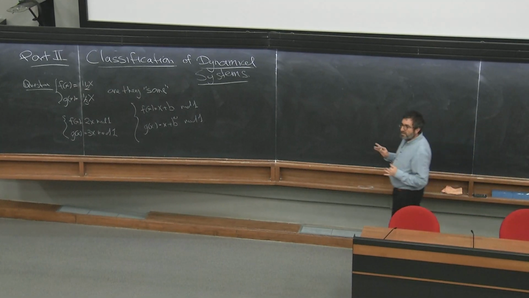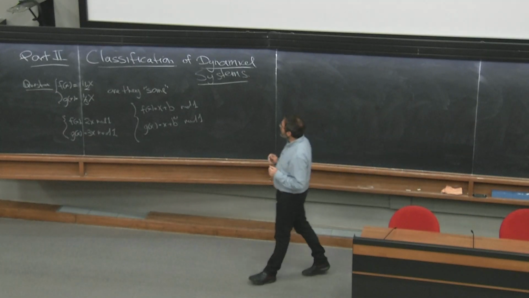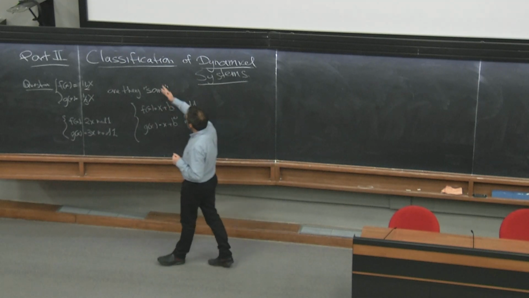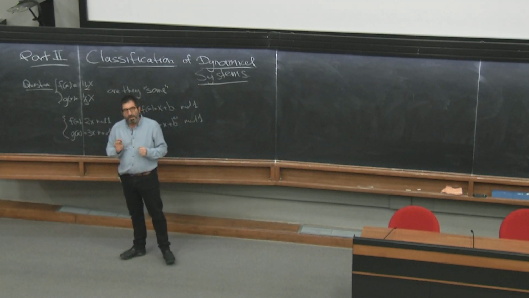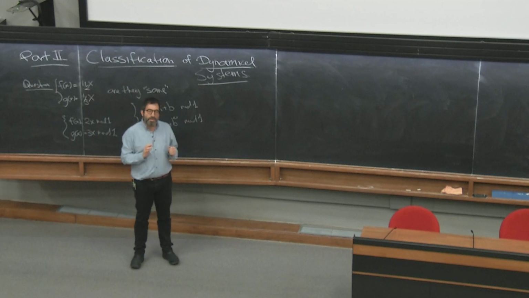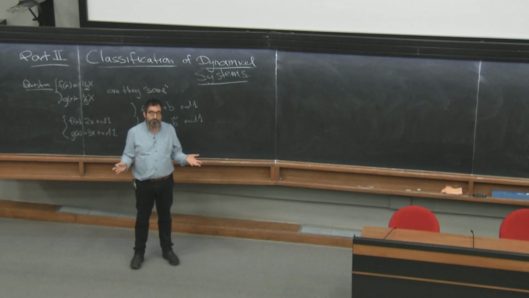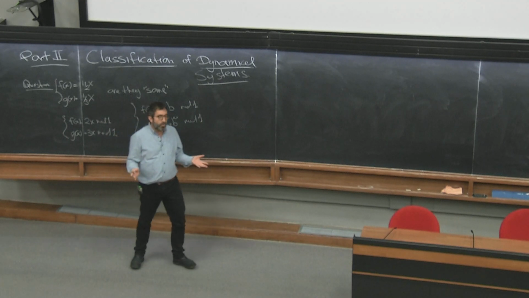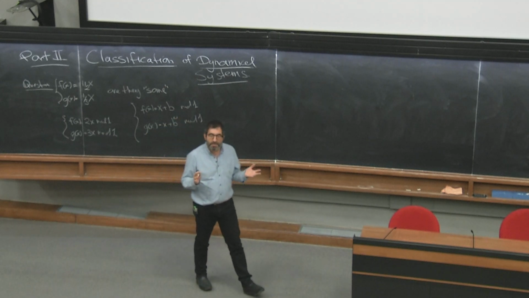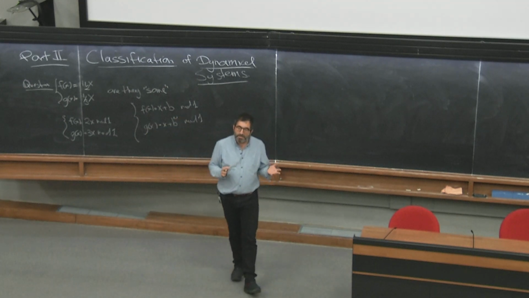So the purpose of today is to give some natural way to define an equivalence relation in the space of all dynamical systems, and to see what kind of properties this equivalence relation satisfies.